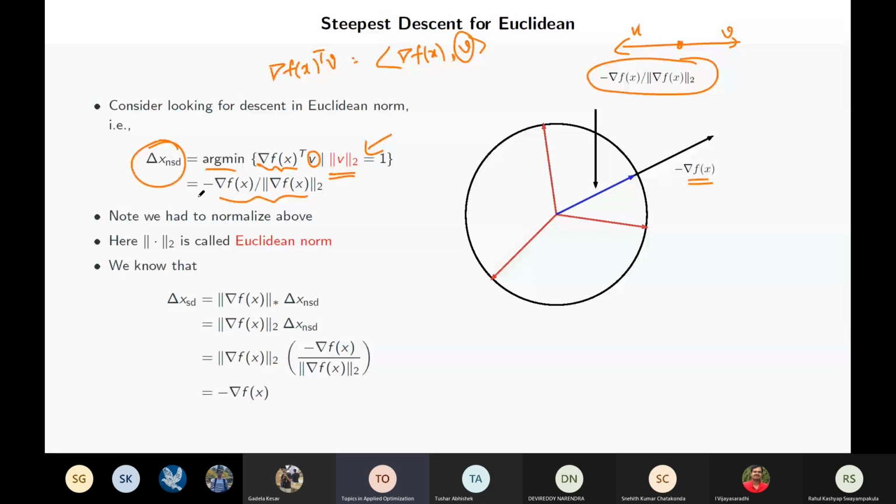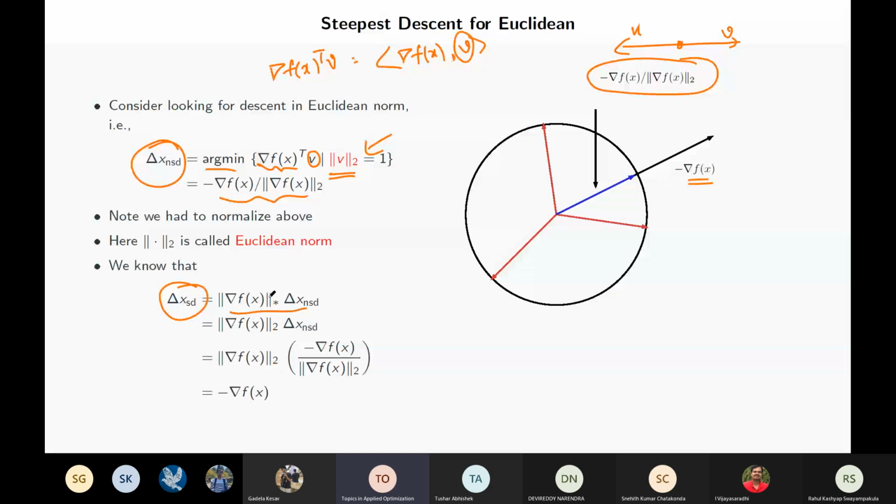We are talking about the normalized direction when making a choice of direction. Now if I have to compute the actual descent vector, I know this was the result that we discussed before, left as an exercise.